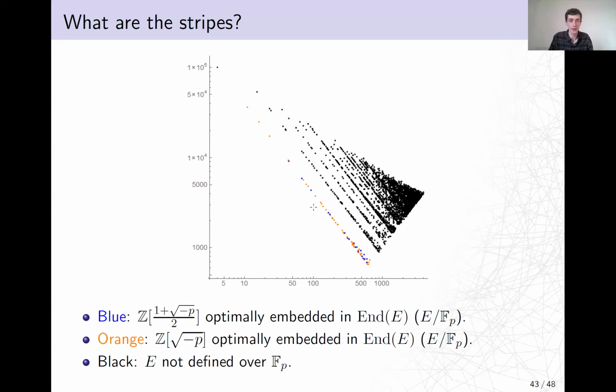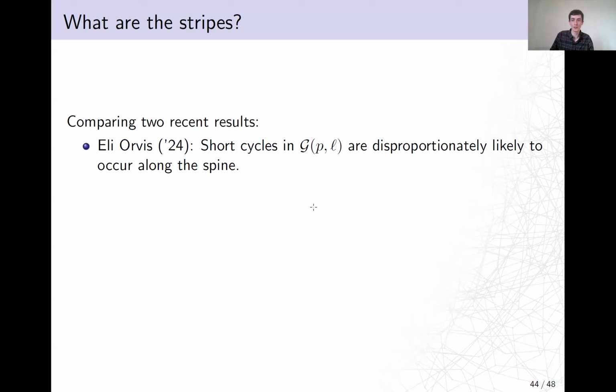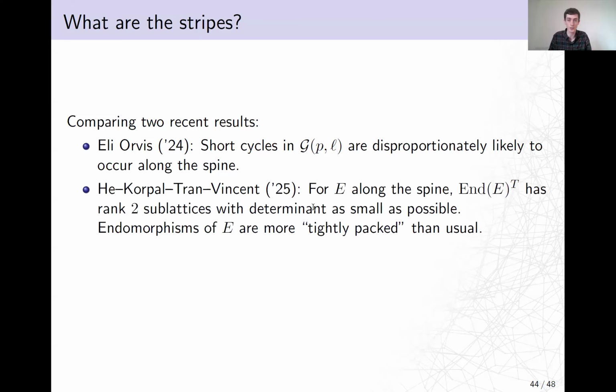So I think I saw Eli in the audience, and I was chatting with him at one point about this result he had about short cycles in these isogeny graphs disproportionately occurring along the spine. And I'm calling this out because I think it's very closely related to this result of He, Korpal, Tran, and Vincent. Because what this result says is that if you're along the spine, then the gross lattice of the endomorphism ring has rank 2 sublattices with very small determinant.